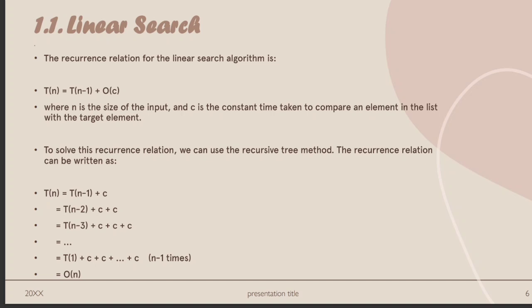To solve this recurrence relation, we can use the recursion tree method. The recurrence relation can be written as T(n) equals T(n minus 1) plus C, T(n minus 2) plus C, T(n minus 3) plus C plus C plus C, and so on, n minus 1 times.